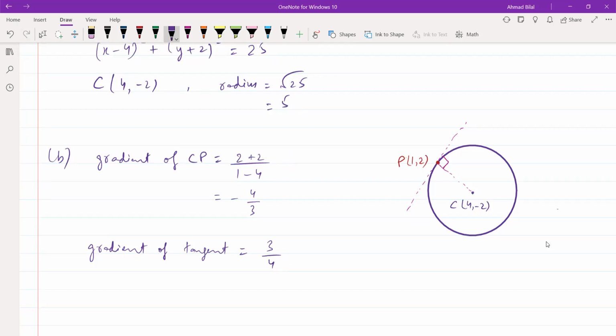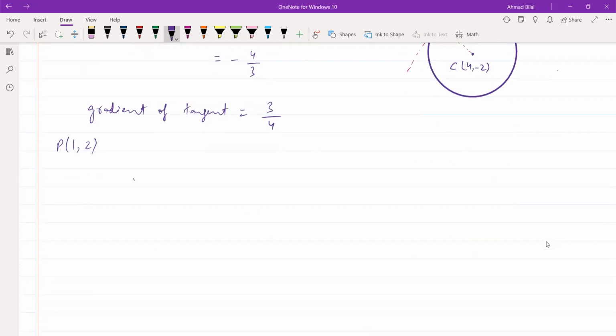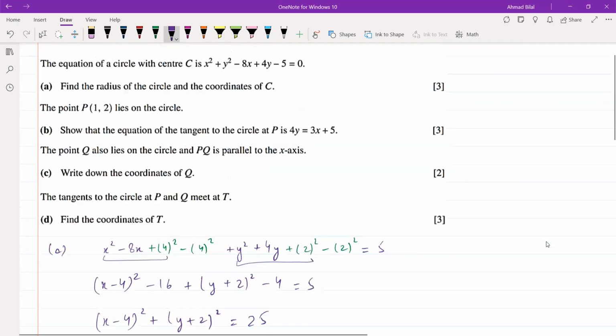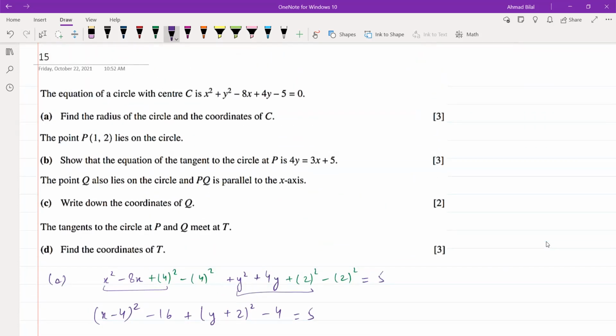We have the gradient. We have a point on the tangent that is (1, 2). We can find the equation using y minus y1 equals m into x minus x1, and we get y minus 2 equals 3 over 4 into x minus 1. If we were just asked to find the equation of the tangent, we could just leave it like this. But here he has told us to show that the equation of the tangent is this.